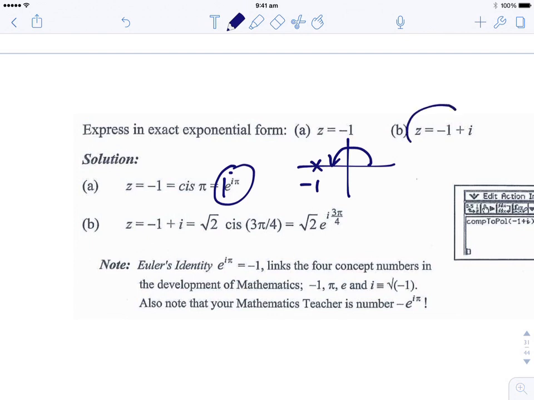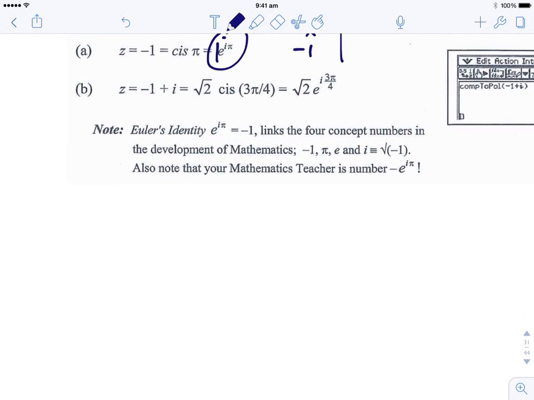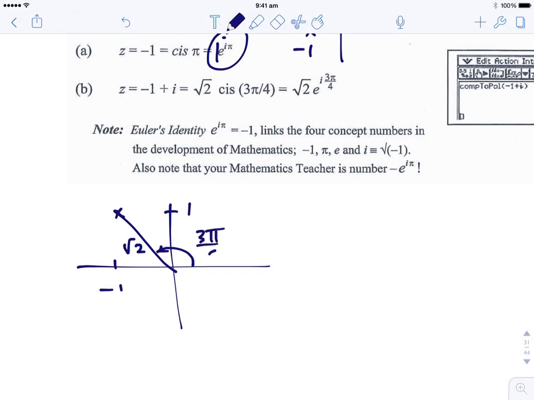Z equals -1 plus i. I want to write that in exponential form, which just means we want the modulus and we want the argument. Hopefully you can see, because those lengths are both 1, that the length is √2, and that argument there is going to be 3 pi over 4.